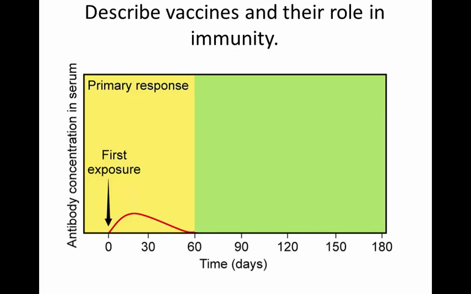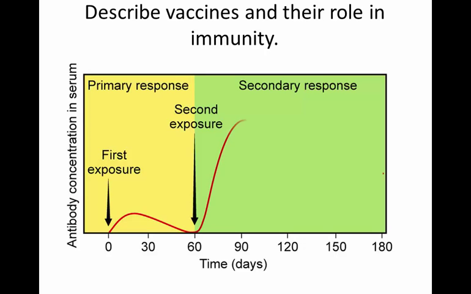However, when we create this primary response via a vaccine and the patient is not going to get sick, it allows for the secondary response. On secondary exposure, when actually contracting the disease, your body will mount a much greater and faster response, such that after only 30 days, you have much more antibody concentration in the serum than after the initial exposure.